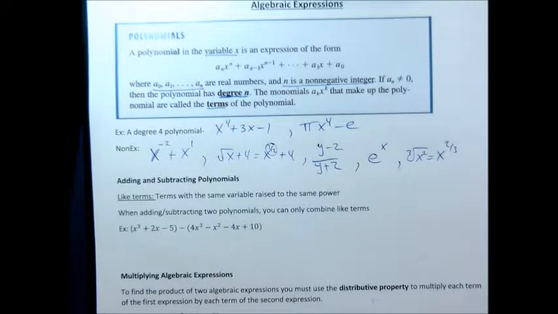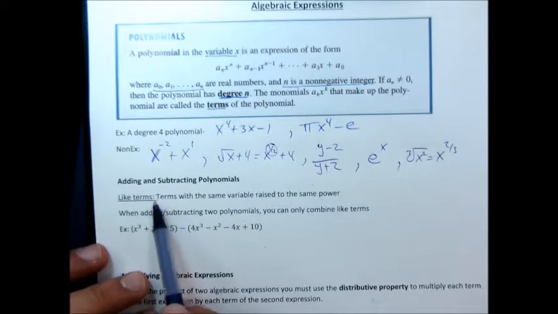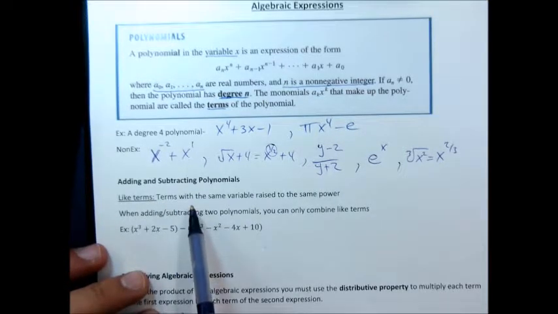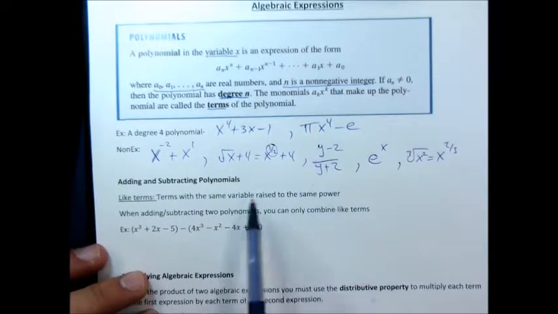So let's remind ourselves how we combine like terms. I've already used that phrase before, and I just want to remind you what that means. Like terms are terms that have the same variable raised to the same power.